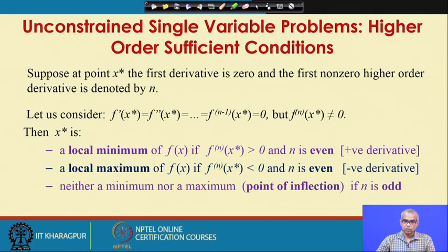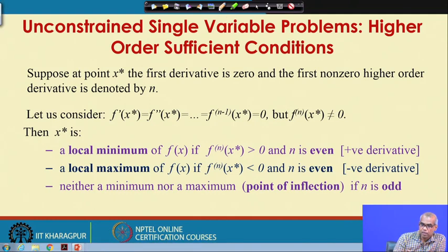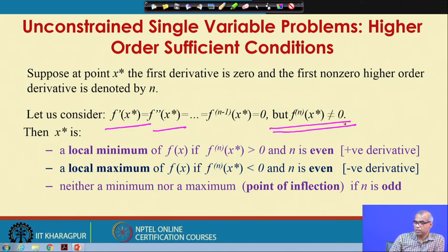So, formally let us say that we consider f prime x star, f double prime x star, that means second derivative. We go on taking derivatives until we get the first non-zero derivative. Let us say the first non-zero derivative, the order is n.